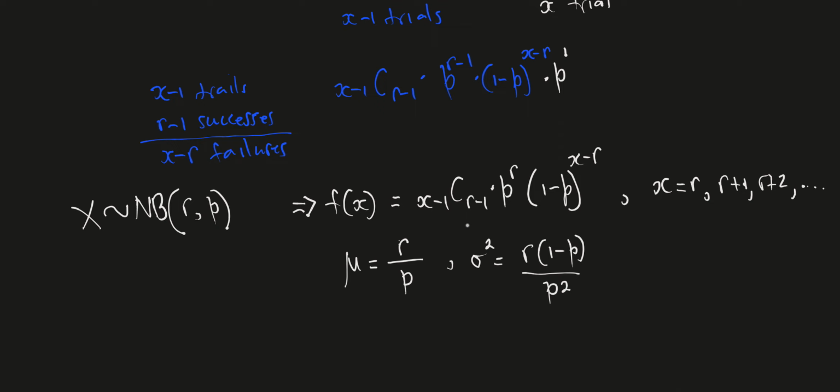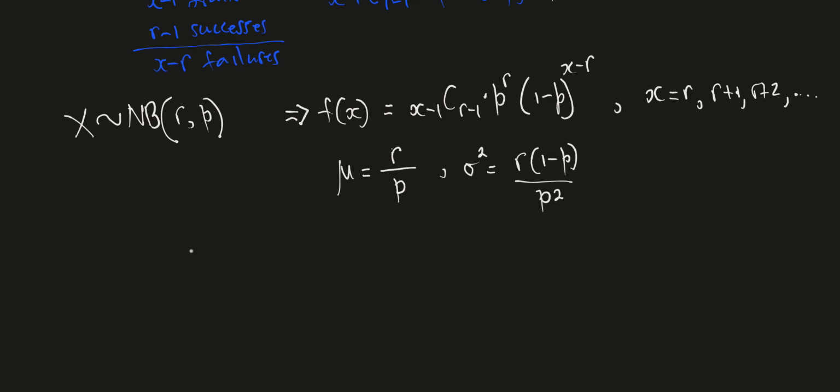Now, what is this whole geometric thing? Well, the geometric is just a special case where our R is equal to 1. That means we're counting the number of trials until the first success.